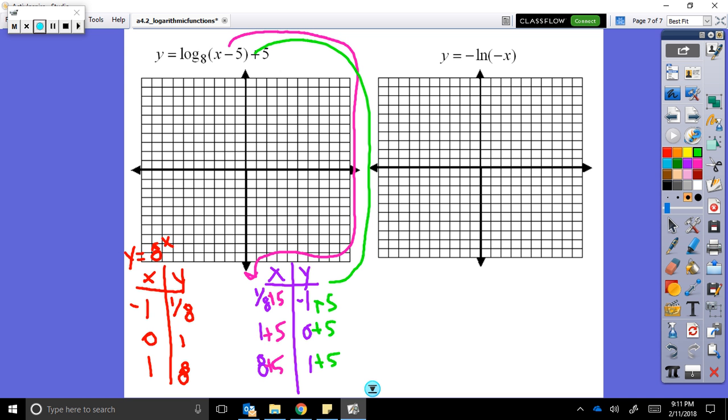Okay, so now we just have to graph it. 1/8 plus 5 is 5 1/8. 1, 2, 3, 4, 5, and a little bit past. And then we're up 4. 1, 2, 3, 4. Okay, so that's 5 1/8 and 4. My next point is 6, 5. So 6, 5.